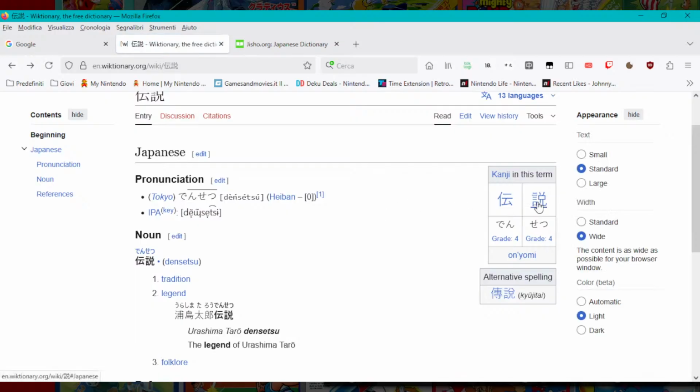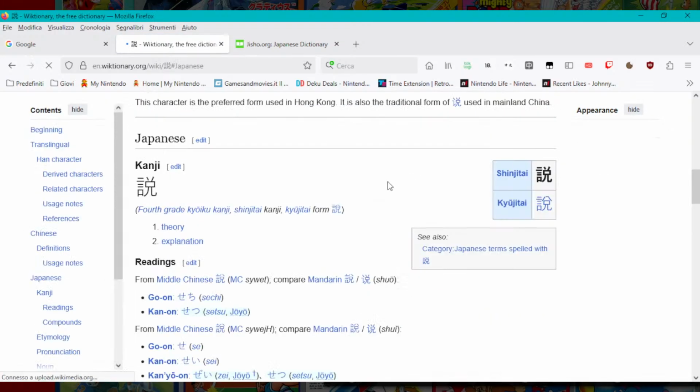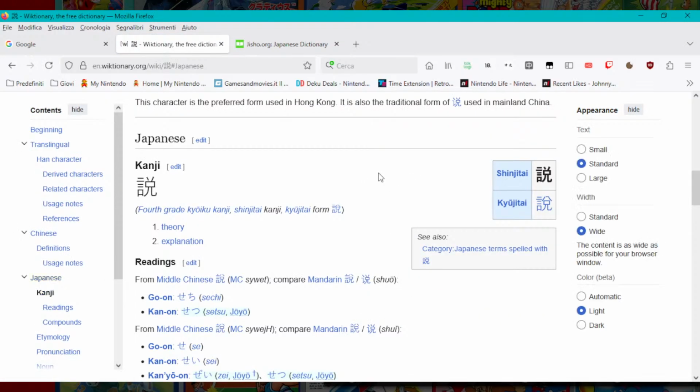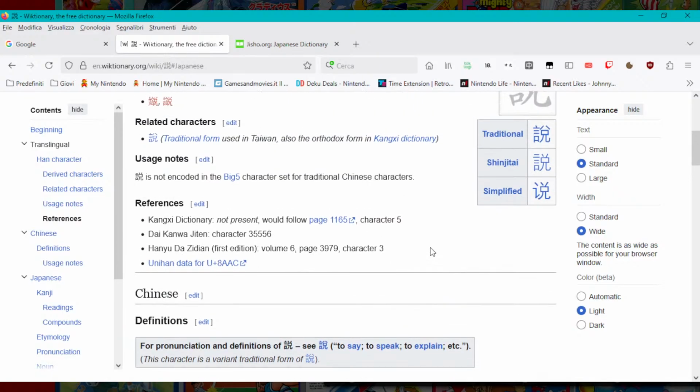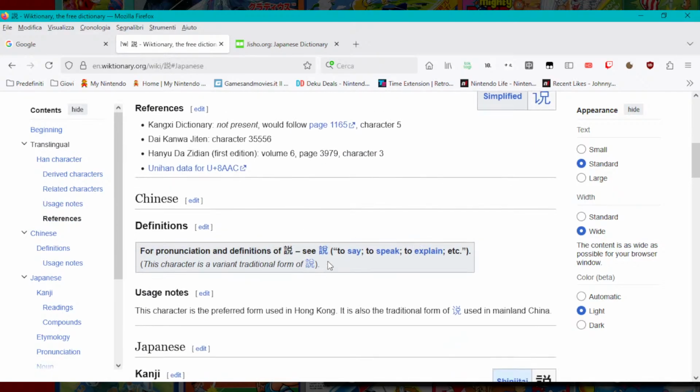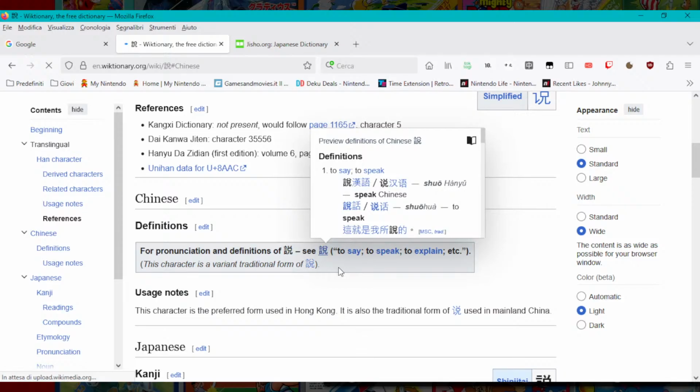Let's see now the part for setsu. In this case too, we have a part on the left, which is also the radical, and one to the right that gives the pronunciation. You focus on the one to the left.